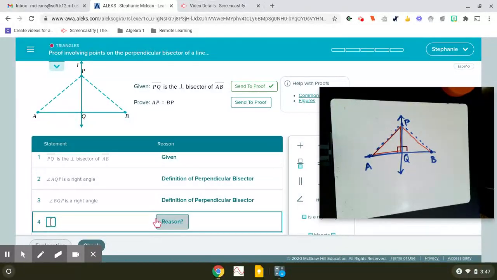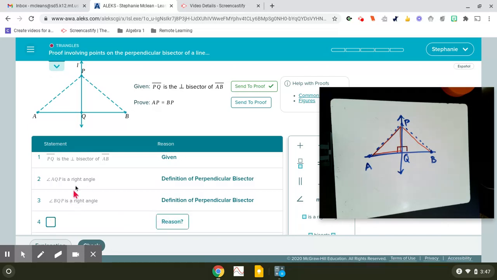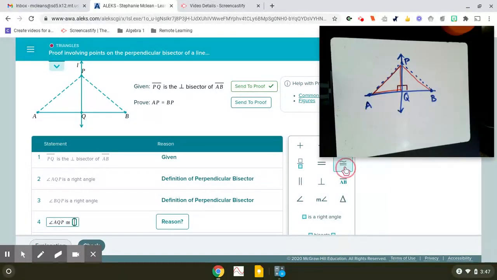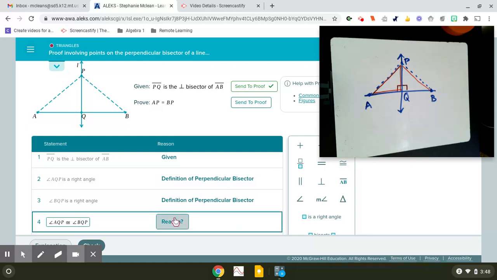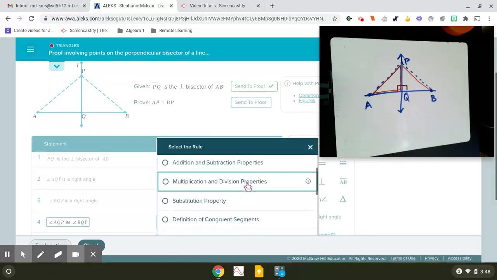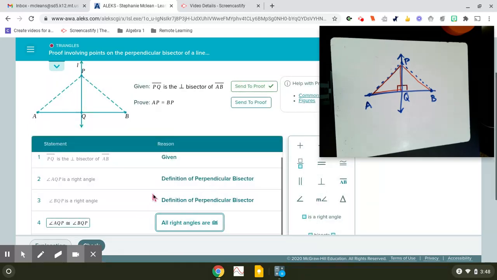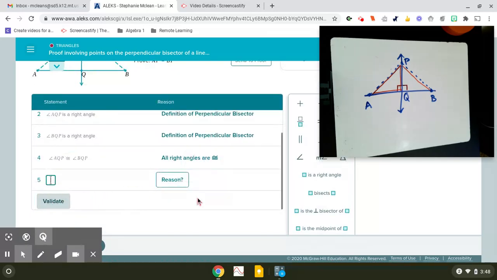All right, so because both of these two angles are right angles, we can say that the two angles are equal. Okay, so angle AQP is congruent to angle BQP. Definition: all right angles are congruent. Okay, we need to validate that.